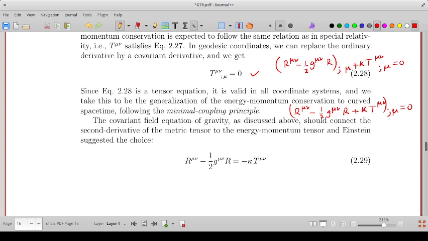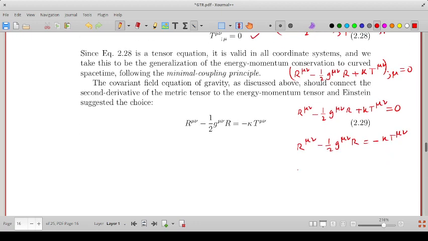So that means R^μν minus half g^μν R plus k T^μν is either 0 or a constant tensor whose covariant derivative with respect to μ will lead to 0. So Einstein proposed an equation which said that this is equal to 0, leading to an equation of the following form: R^μν minus half g^μν R equal to minus k T^μν.